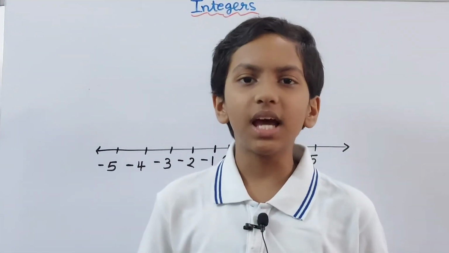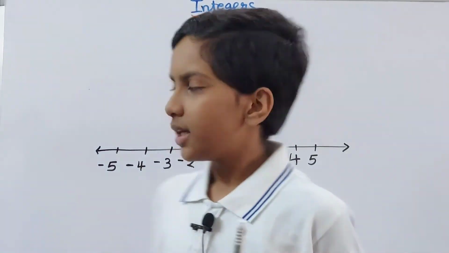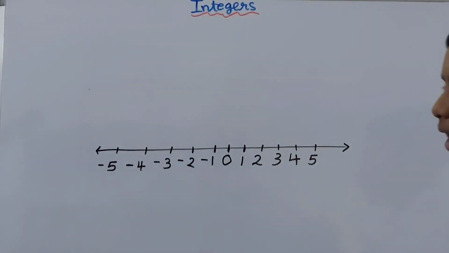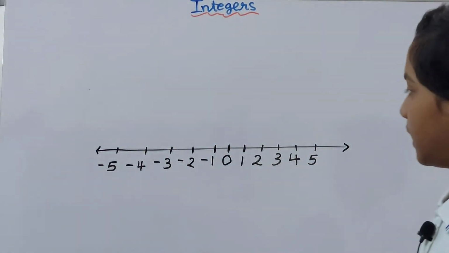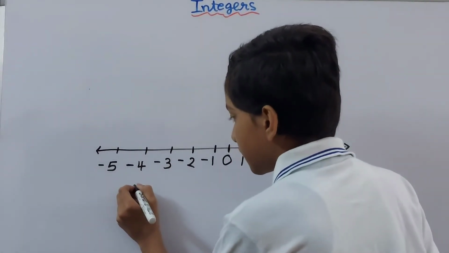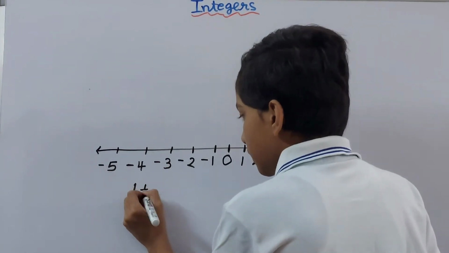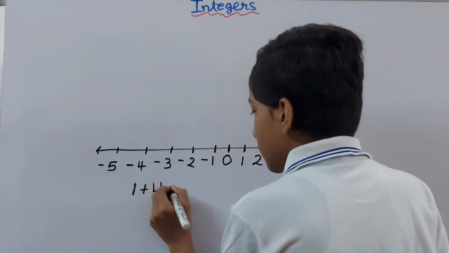Friends, now let's see how can we add and subtract integers, okay? So first let's see how can we add a positive number. So let's take an example. So for example, let's suppose 1 plus 4 is equal to, okay?